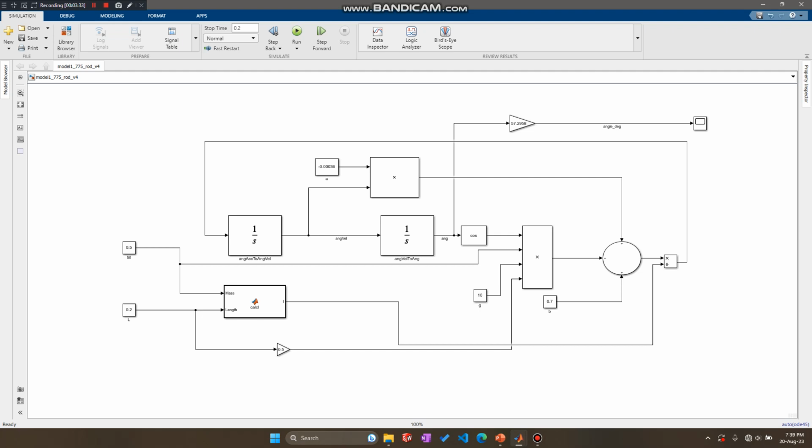So that's it with regards to implementing ODEs and solving them. One additional thing that I'd like to discuss again is that we can plot any of these signals that are existing within the block diagram, whether it be angular velocity, angular acceleration, or simply any signal that you want that exists within the block diagram.